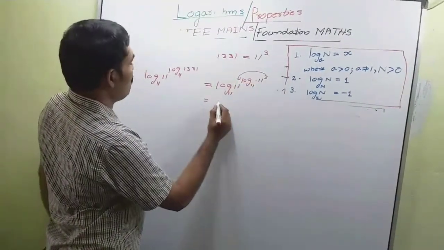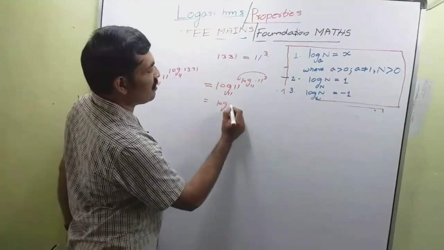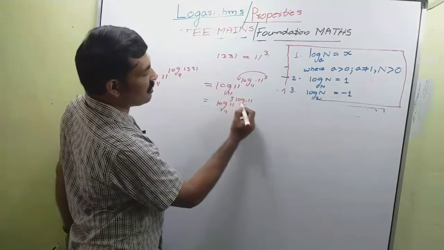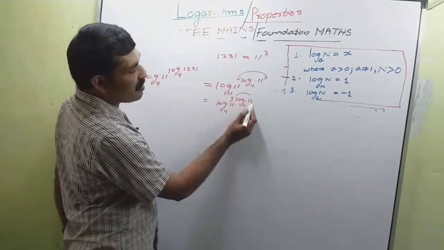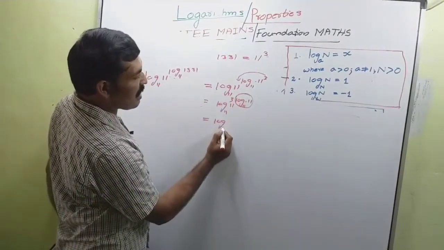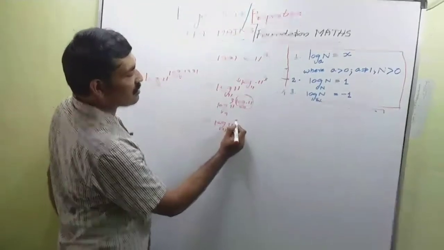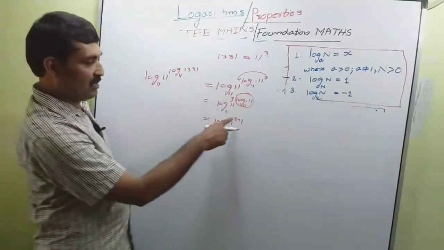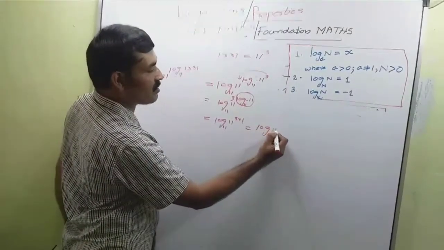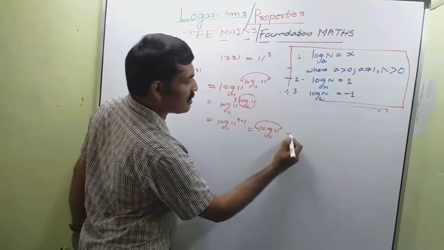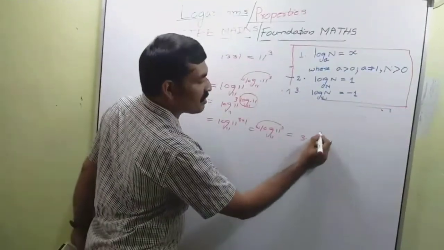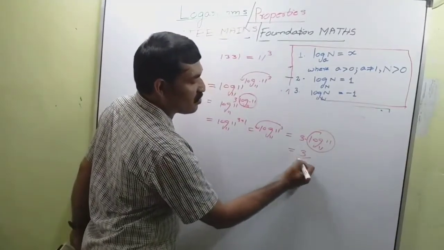So this becomes log base 11 raised to 3 into log 11 to the base 11. The value of log 11 to the base 11 is 1. So this can be written as log base 11 raised to 3 into 1, that is 11 raised to 3. So this is equal to log base 11 raised to 3. This 3 jumps here. So this is equal to 3 into log 11 to the base 11. The value of this is equal to 1. So answer is equal to 3.